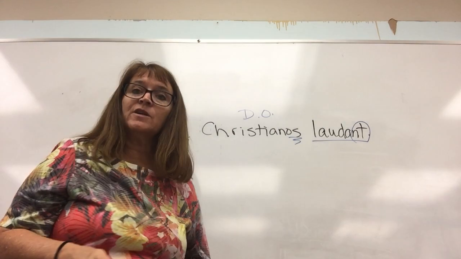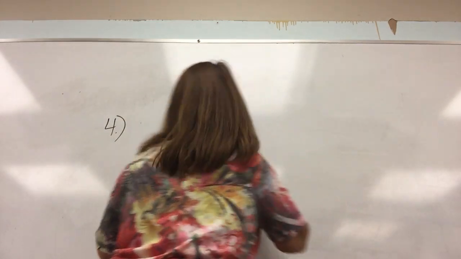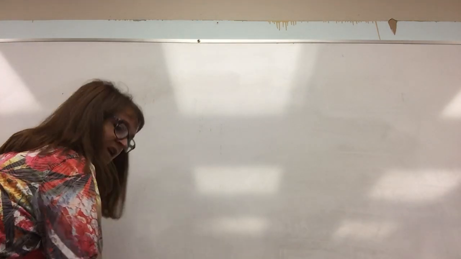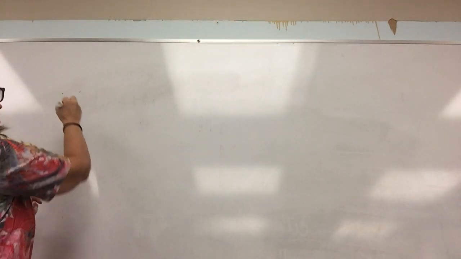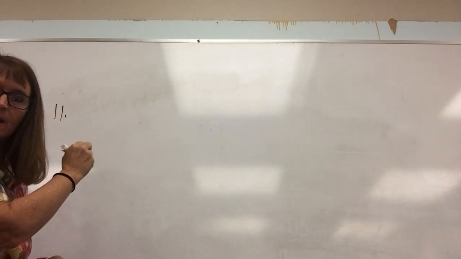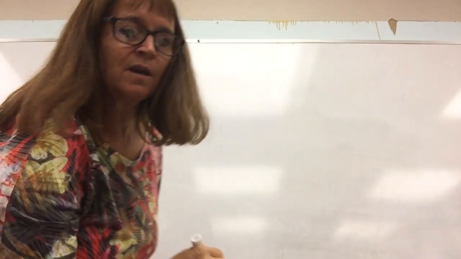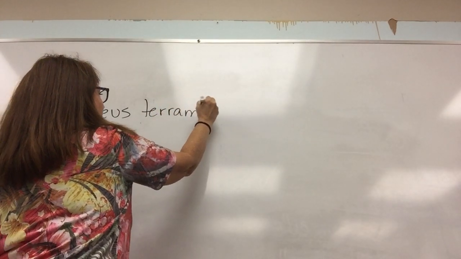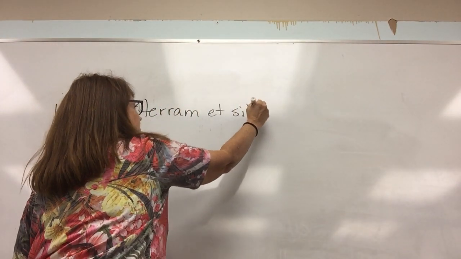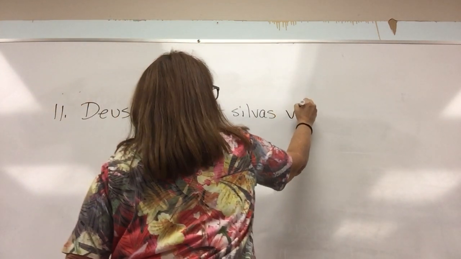Okay, the last one I'm going to do is a hard one. Okay? And so I want to end with this one and just try to explain some things. So it's number 11, and it's got 2 parts to this sentence. Okay? So it starts out with the first sentence that Deus, terram et silvas. I think it's going to be videt. Yes.